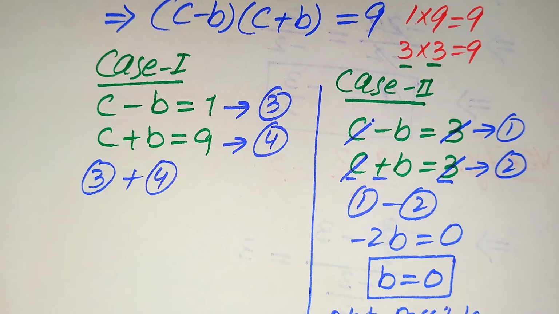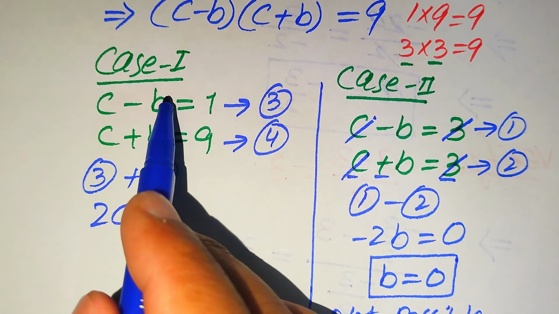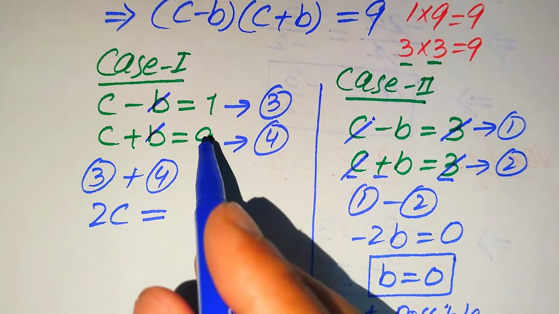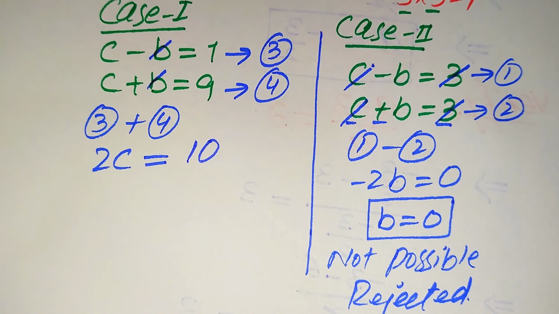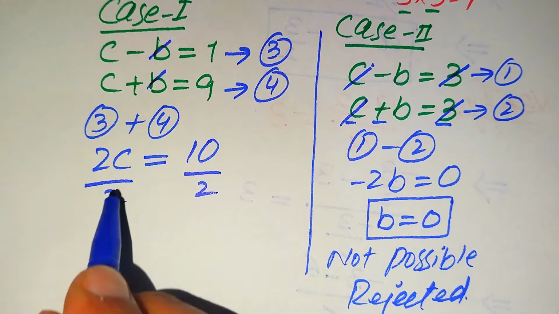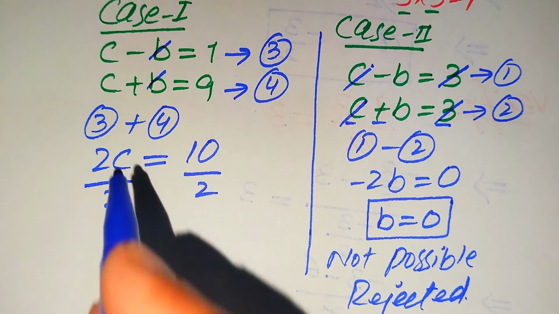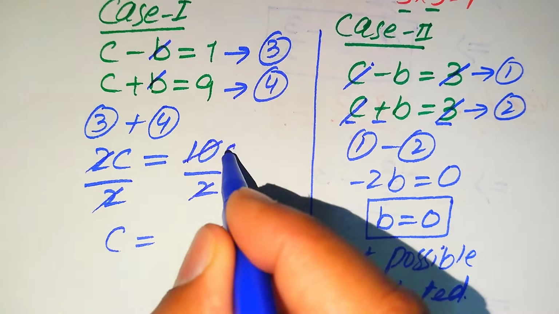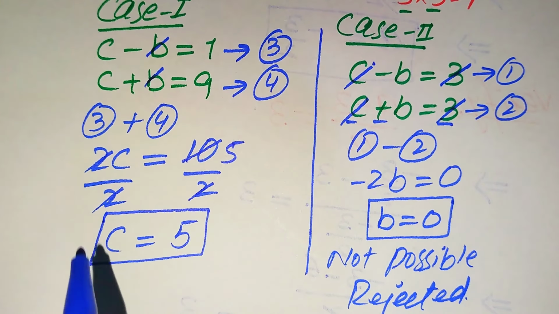When we add these two equations we obtain c plus c becomes 2c, minus b and plus b are gone, and 1 plus 9 becomes 10. For the value of c, we divide both sides by 2, so 2c divided by 2 equals 10 divided by 2. The 2 and 2 cancel, and we get c equals 5.